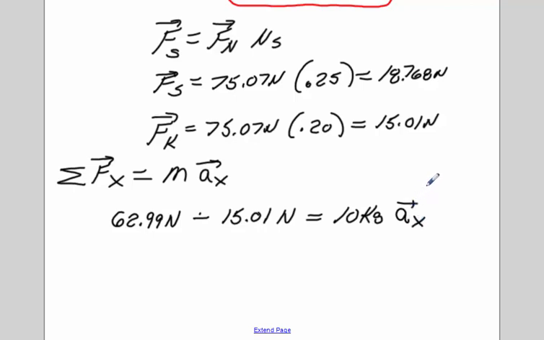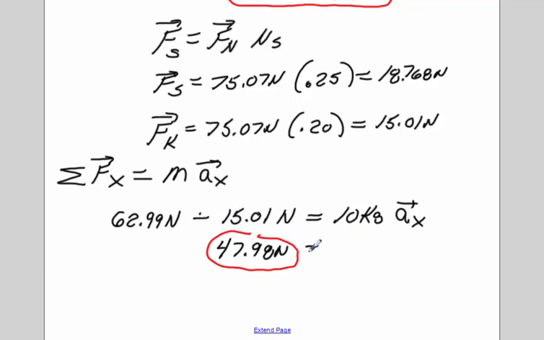I will grab my calculator. I will take 62.99 minus 15.01. That's going to give me a value of 47.98 newtons. That right there is my net force, because my net force is the difference between these two forces.